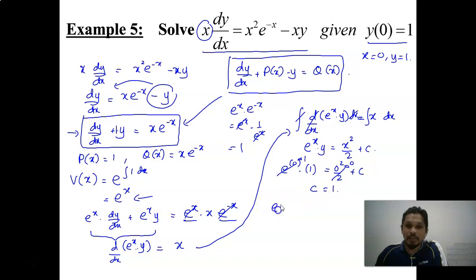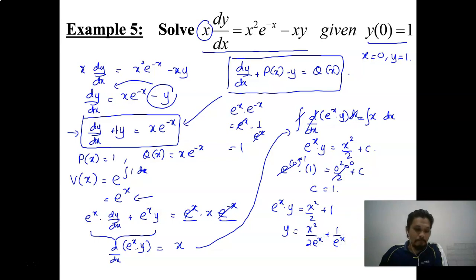So e^x times y equal to x squared over 2 plus 1. So then y equal to x squared divided by 2e^x plus 1 over e^x.